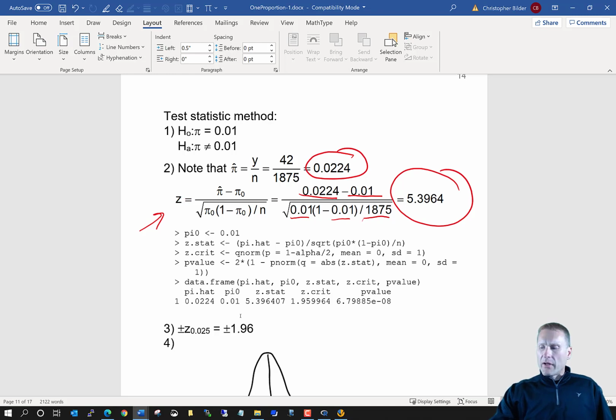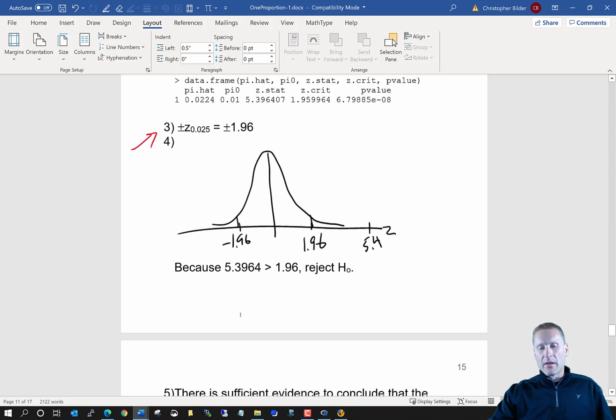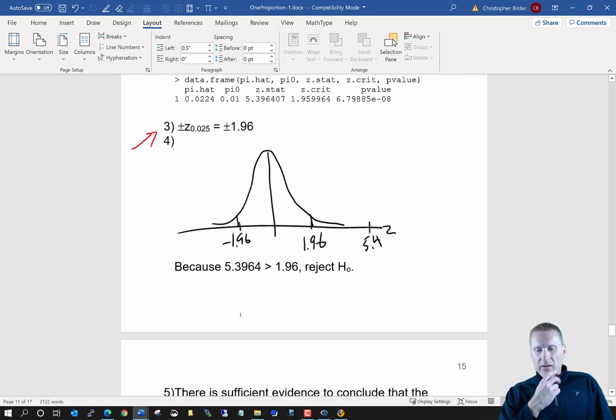And we could also find our critical values. We've found this critical value many times before. It's plus or minus 1.96. If we graph it out, take a look at this. My test statistic is falling way on the far right side of my distribution.